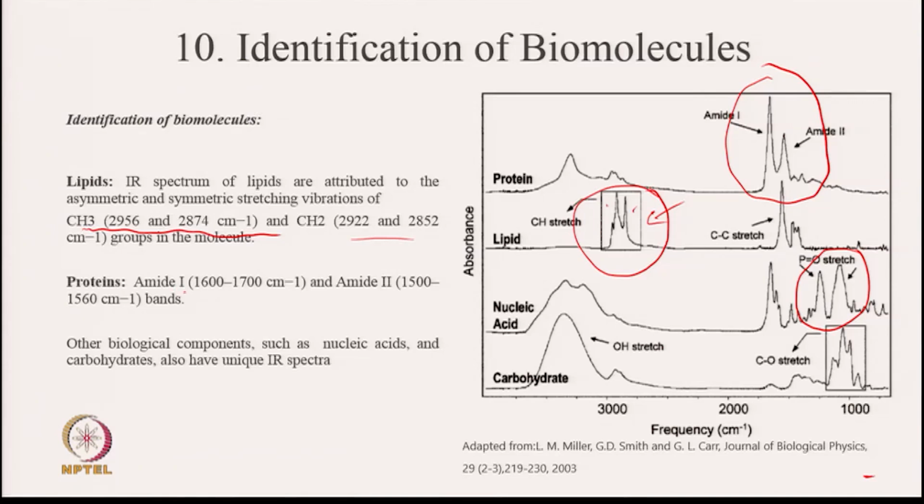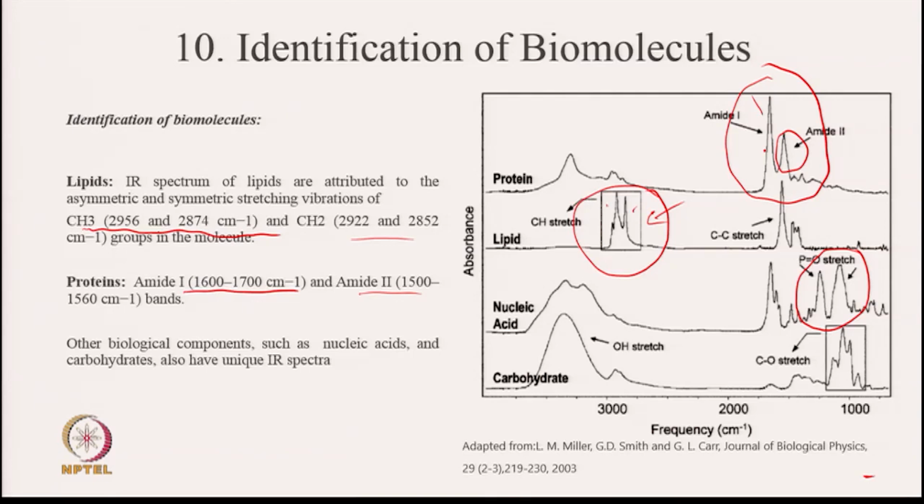Similarly, proteins have two bands, the amide 1 band between 1600 to 1700 centimeter inverse and the amide 2 band between 1500 to 1560 centimeter inverse. So, this is your amide 1 band, between 1600 to 1700 centimeter inverse, and this is your amide 2 band, between 1500 to 1560 cm inverse.